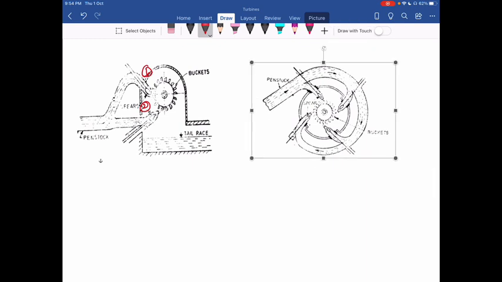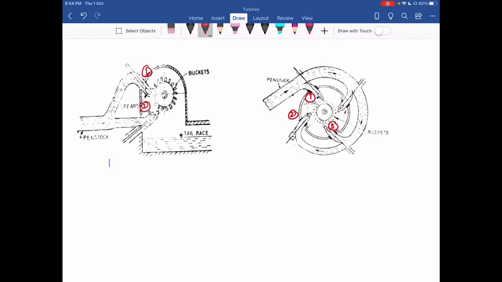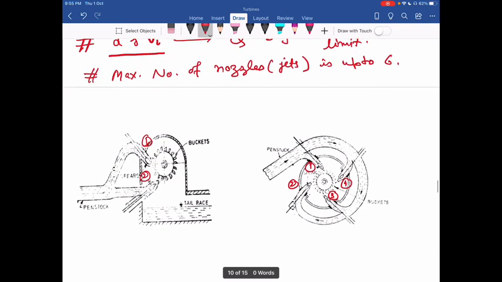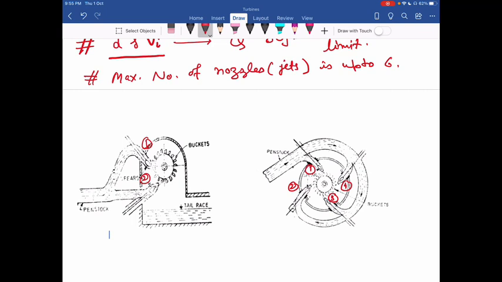In this diagram you can see I have four nozzles: one, two, three, and four. So like this, the maximum number of nozzles that I have in the Pelton turbine is up to 6. If I try to increase this number beyond 6, then this whole system becomes complicated.